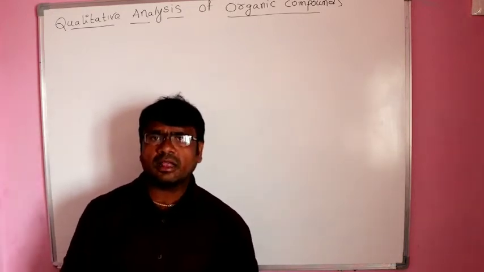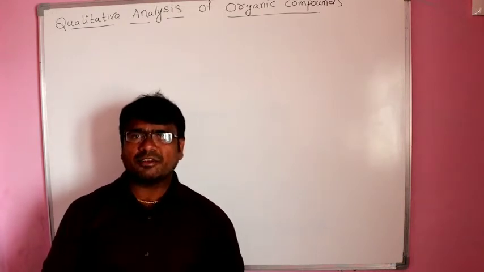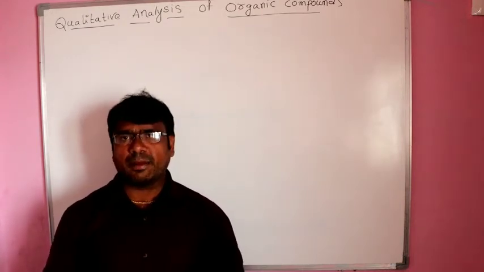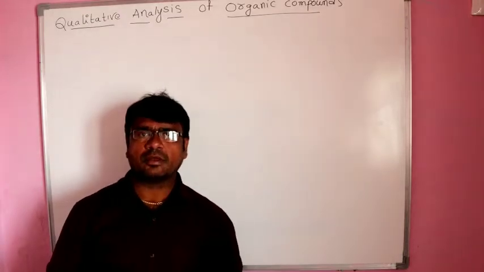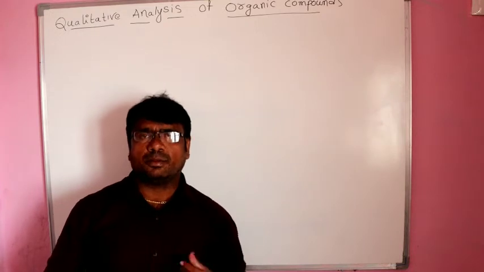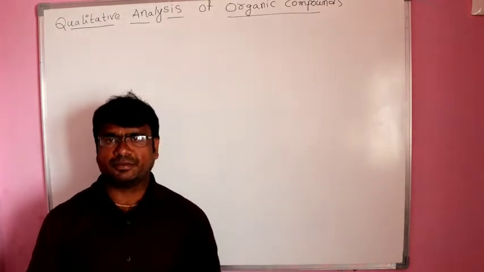You know that an organic compound consists of carbon, and along with the carbon, other types of elements are there: hydrogen, nitrogen, oxygen and phosphorus, sulfur, halogens. Different types of elements are there.